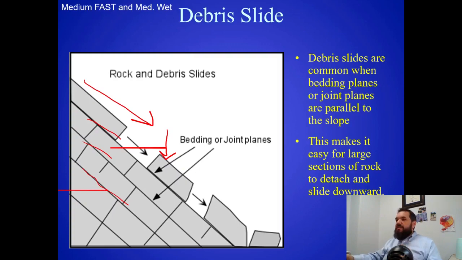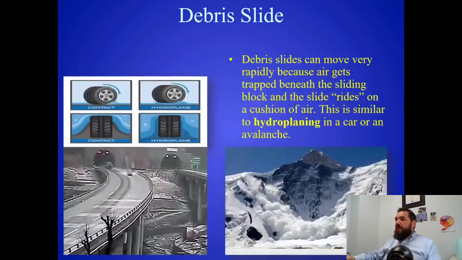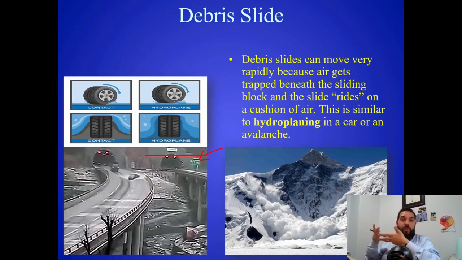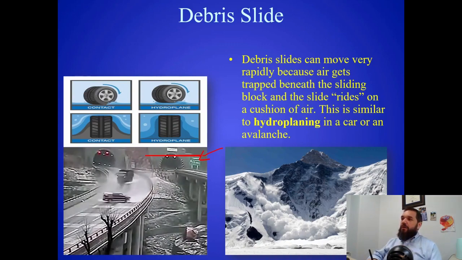A lot of times these things are traveling at very high speed. The reason they're able to travel that fast is something you're probably familiar with. You can see it in this little video down below. You can see these cars hydroplaning, right? I'm sure this happens in Corpus Christi a lot, where you get a little water on the road and you can lose control really easily. Why? Because your tires are no longer touching the road.